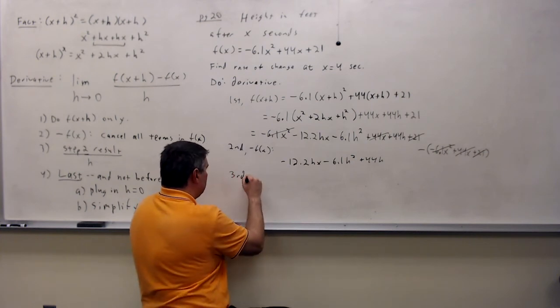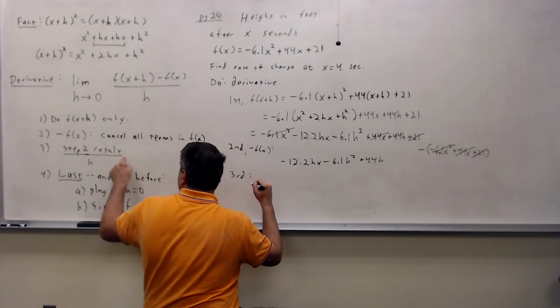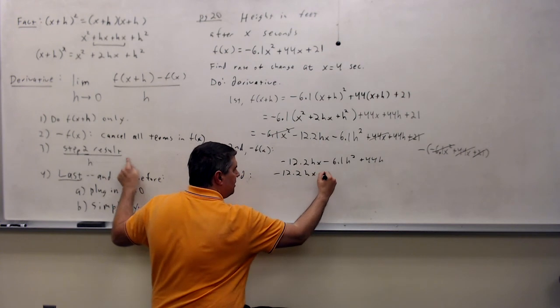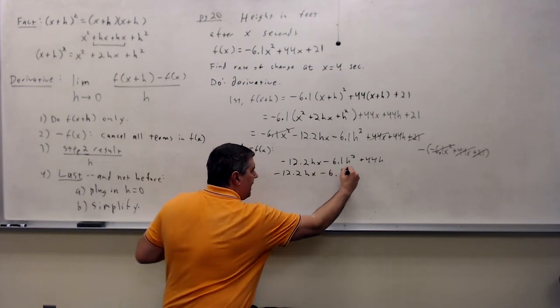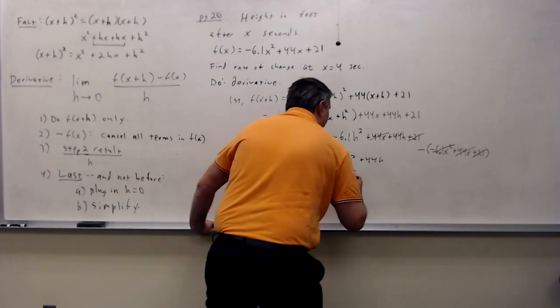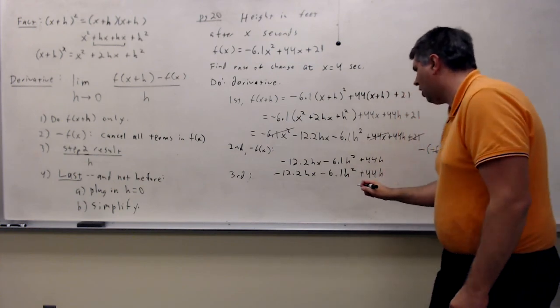Third, this step, negative 12.2hx minus 6.1h squared plus 44h over h.